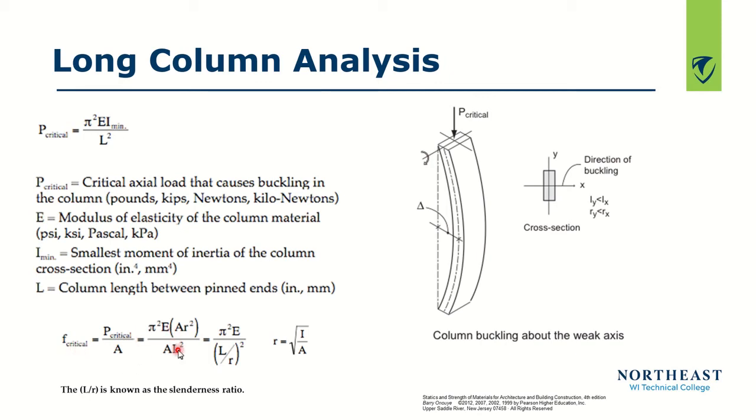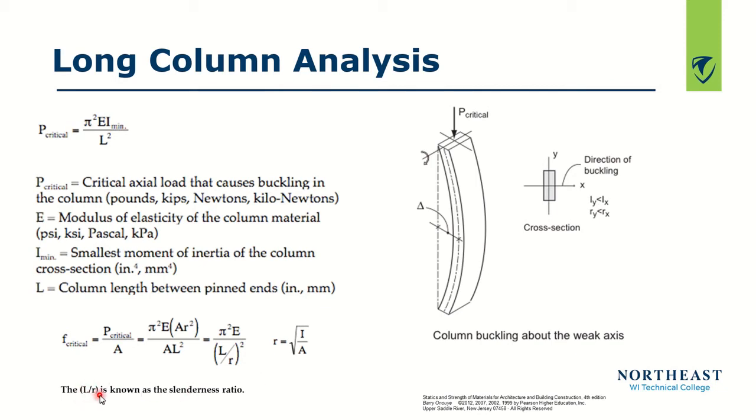If we go through all the derivation of the algebra, they found that the radius of gyration, which is another way to define stiffness, is the square root of the moment of inertia divided by the area of that column. The smaller radius of gyration is the way it's going to buckle. So L over r is known as the slenderness ratio.